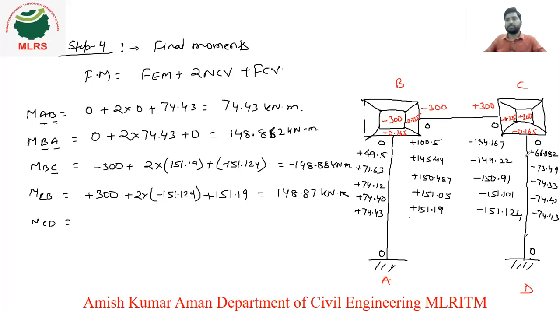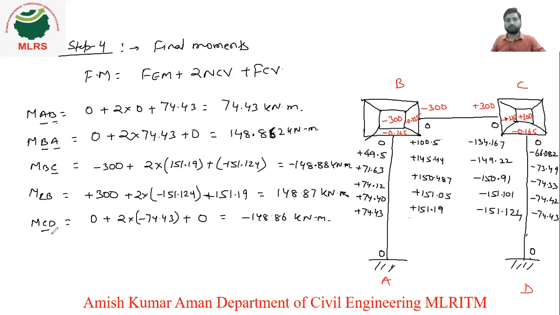For MCD, the fixed moment is 0 plus 2 into the near contribution value at C, which is minus 74.43, plus the far contribution value, which is 0 at D. If we calculate, this will be minus 148.86 kilonewton meter.